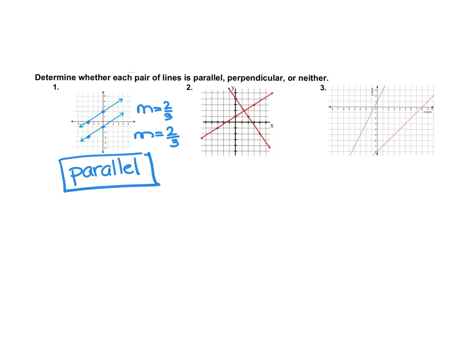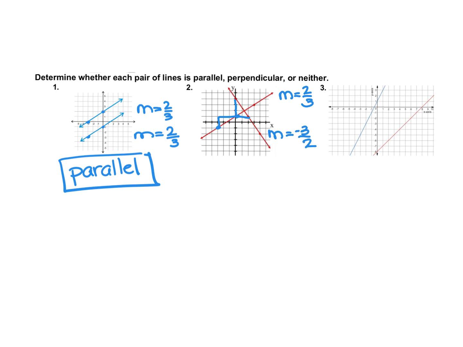All right, so let's take a look at number 2. Notice how we're going down 3 over 2, so our slope for this one is -3/2. And our slope for our second line is we're going up 2 over 3. So let's talk about this. We've got positive 2/3.